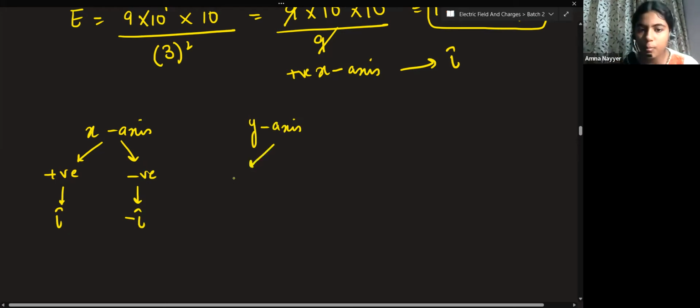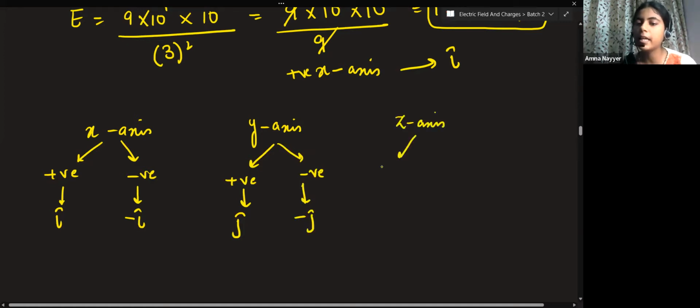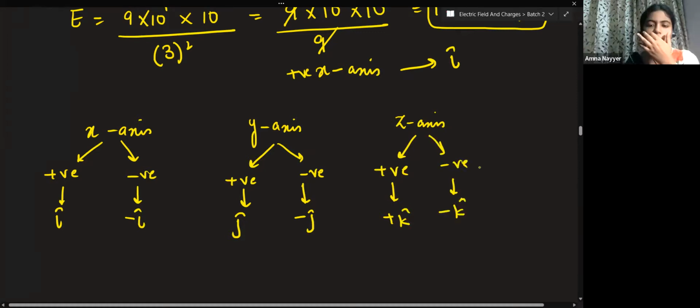Then see, for positive y-axis, you write j cap. And for negative y-axis, you write minus j cap. Similarly, for z-axis, the letter k comes. So for positive z-axis, it will be k cap, and for negative z-axis, it will be minus k cap. So by just looking at these unit vectors, I cap, j cap, you will be able to identify whatever is the direction.